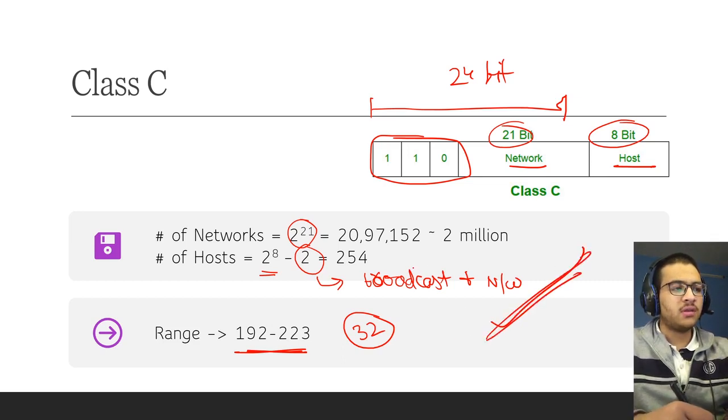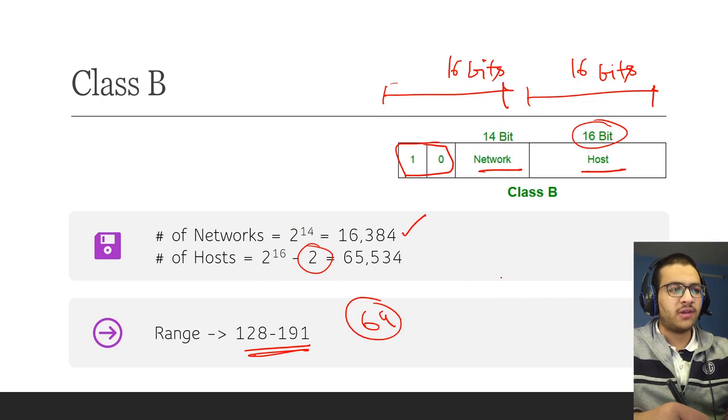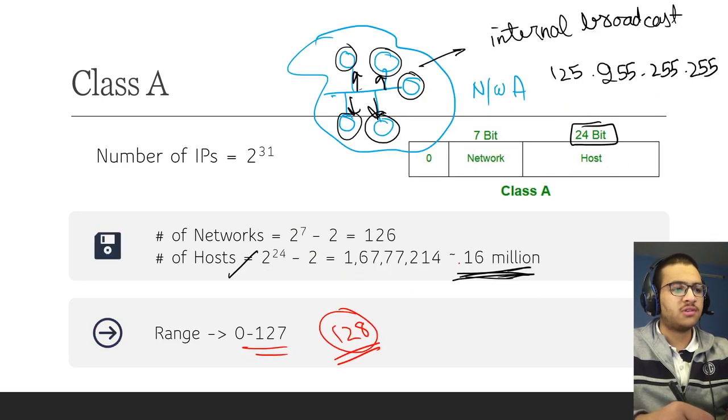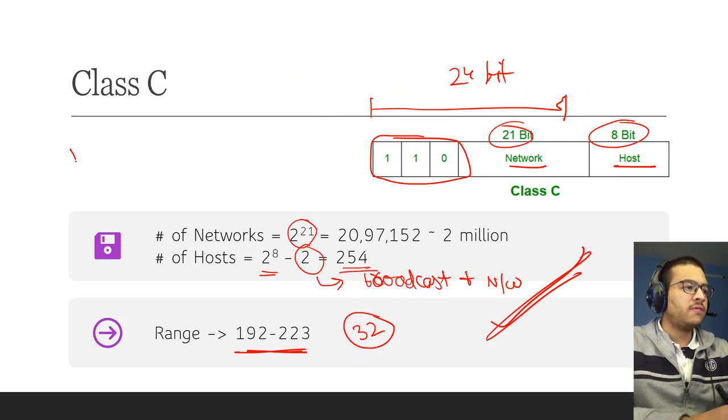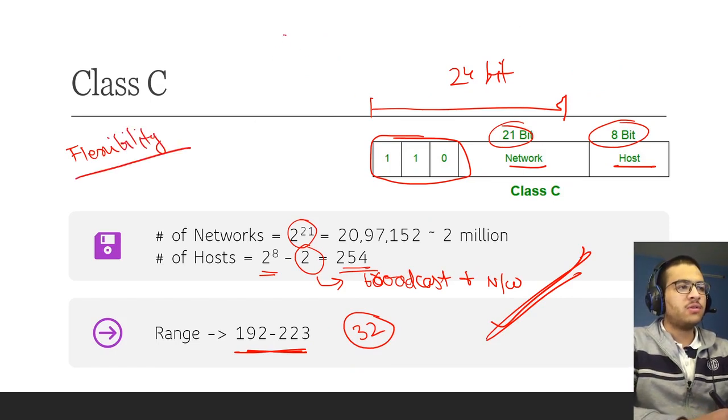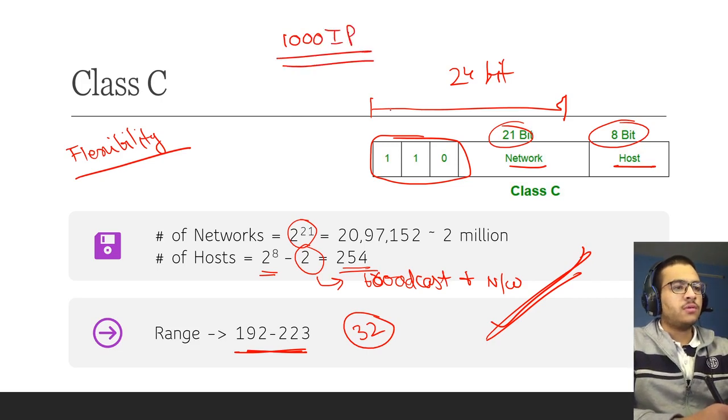As you can see, the number of hosts in each network varies by a lot, like this is 65,000, this is 16 million, and this is only 254. So the flexibility is quite low. Suppose a company wants 1000 IPs, we cannot provide class C, because it only has 254 hosts.